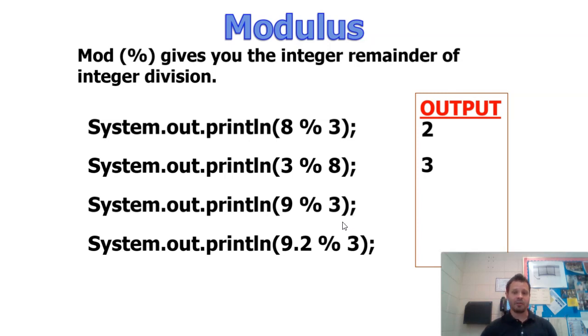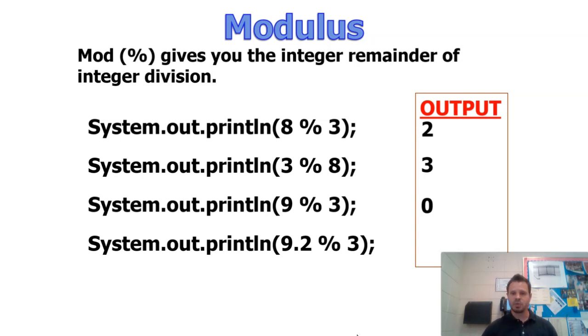Now, if we have two numbers that are divisible by each other, so 9 mod 3, in other words, what's the remainder when I take 9 divided by 3? That's going to be a remainder of just 0. And as we move forward, that'll be something we check on a lot to see if it is divisible by. Do we get modulus for a remainder of 0?